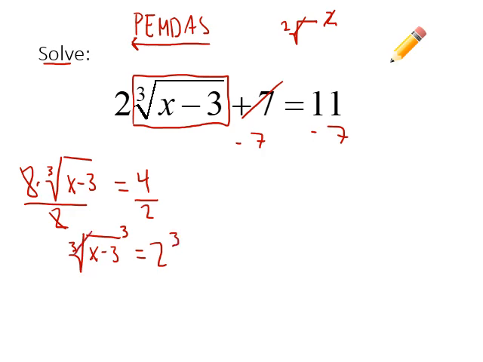On the left side, cube root and cubed cancels, leaving me with the radicand, or what's underneath the root symbol. 2 to the third power is 8. And my last step is to add 3 to both sides. And I get my solution, x equals 11. Now, our last thing to do is to check for extraneous solutions.